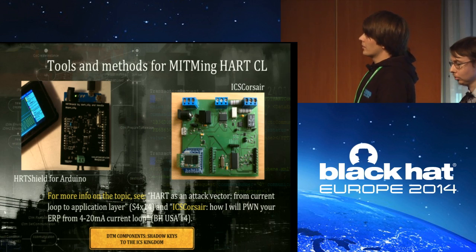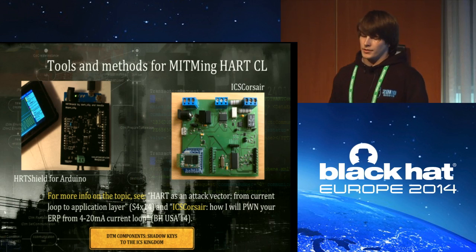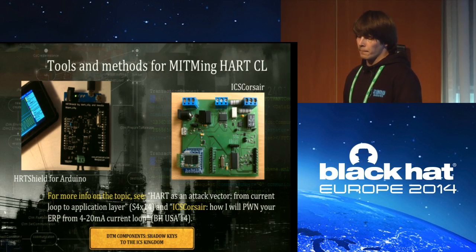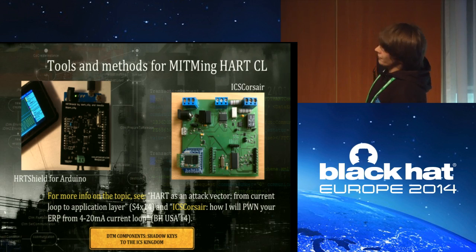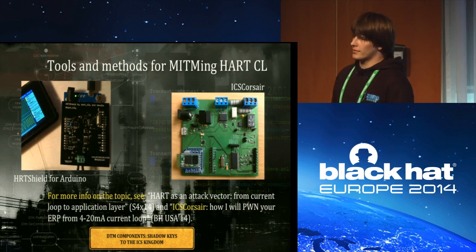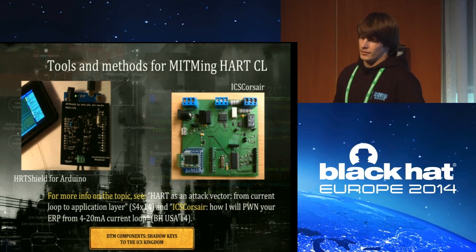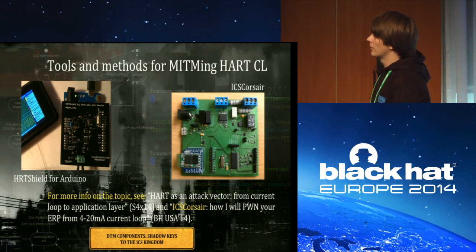In our research, we used some hardware tools for working with and attacking HART devices and HART lines. These devices are on the left side of the slide. This is a HART shield. It is a HART modem extension board for the popular Arduino board. And on the right you can see what is called ICS Cursor.